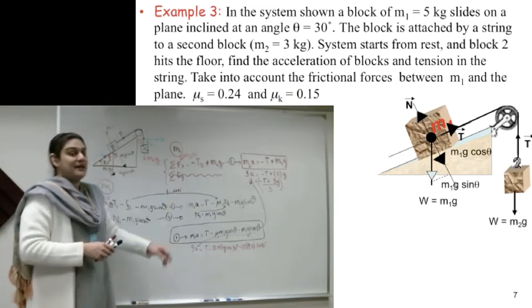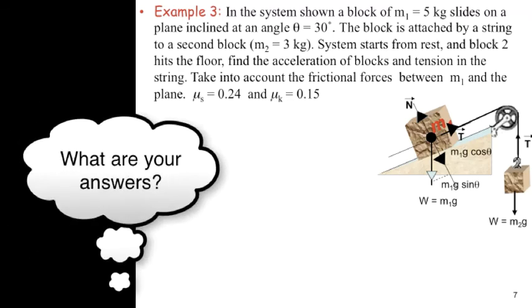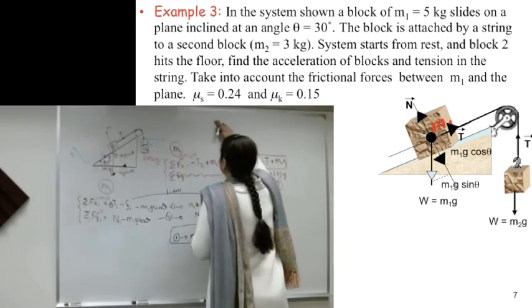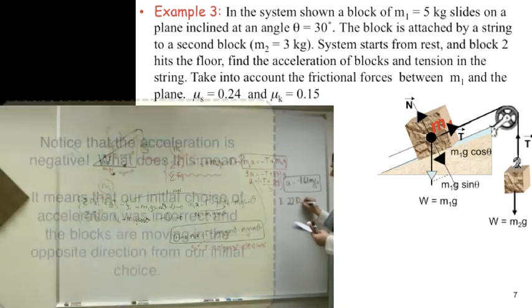Please confirm if you get the same answers. So upon solution, I get the value of A to be equal to minus 1.61 meters per second squared, and my T value comes out to be 22.82 newtons.